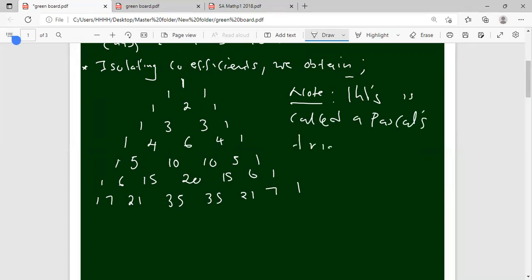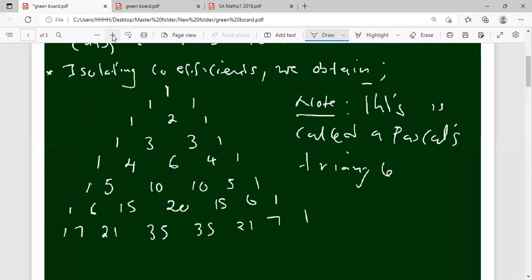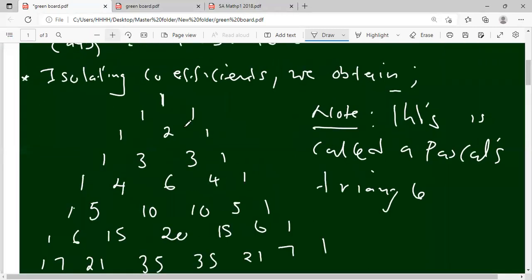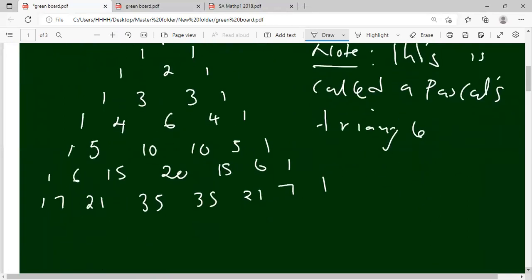So when people are talking about Pascal's triangle, this is what they're talking about. Meaning that we can use a Pascal's triangle to expand the powers of a binomial.